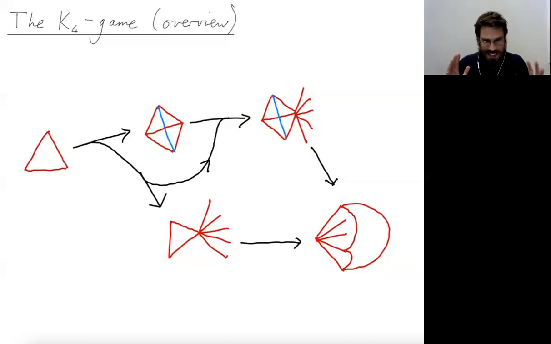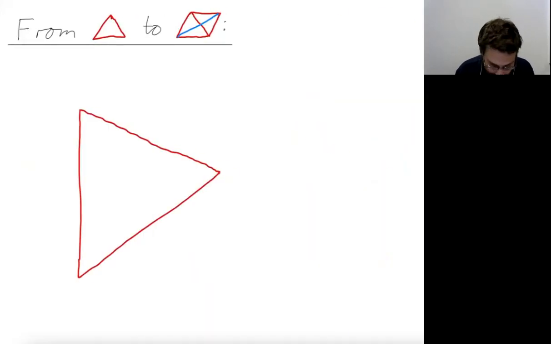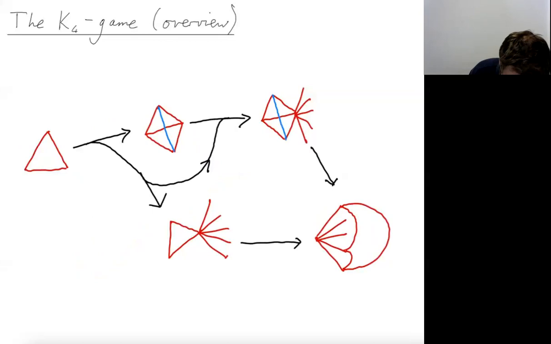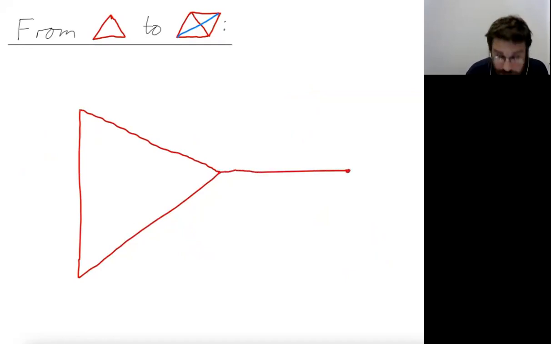Let me get into a little bit more detail so you can see the kinds of problems which can arise, the kinds of attacks which are needed here. So the first step that I said is going from a triangle to this thing that looks like a K4, but where you're missing just one edge. This is pretty easy. You just add some edge from your triangle to some vertex that nobody has touched yet.